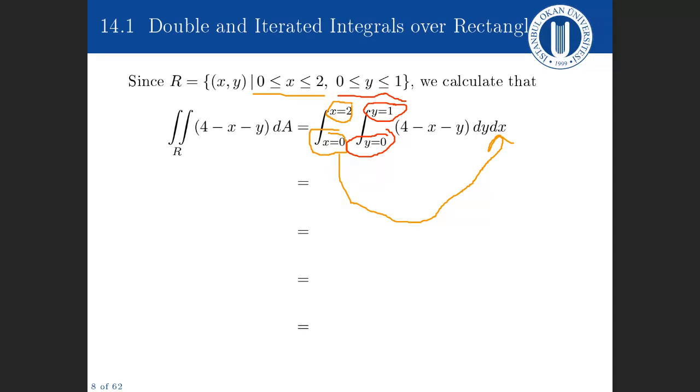And paired together with these, we're going to put a dy on the end. So we're doing the integral from x is 0 to x is 2 of the integral from y is equal to 0 to y is equal to 1 of 4 minus x minus y dy dx.